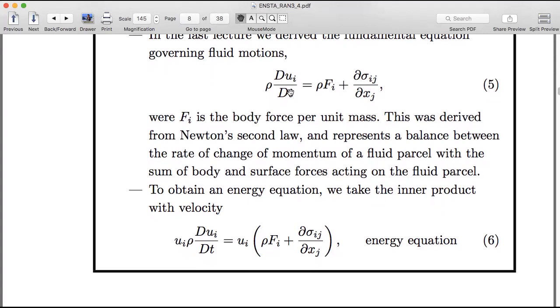But to obtain, so this is a momentum equation, right? It expresses, in particle physics terms, the forces on the right equal the acceleration on the left. But I want to talk about the energy. So to do that, we simply multiply by the velocity on both sides.